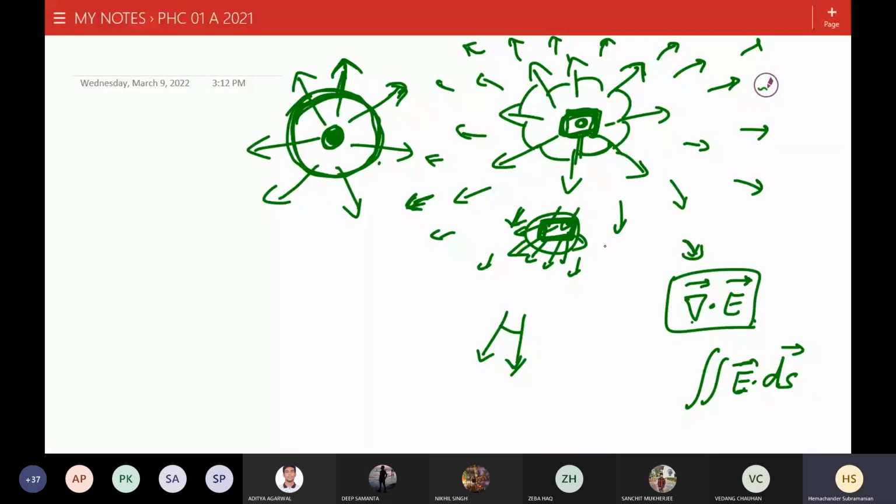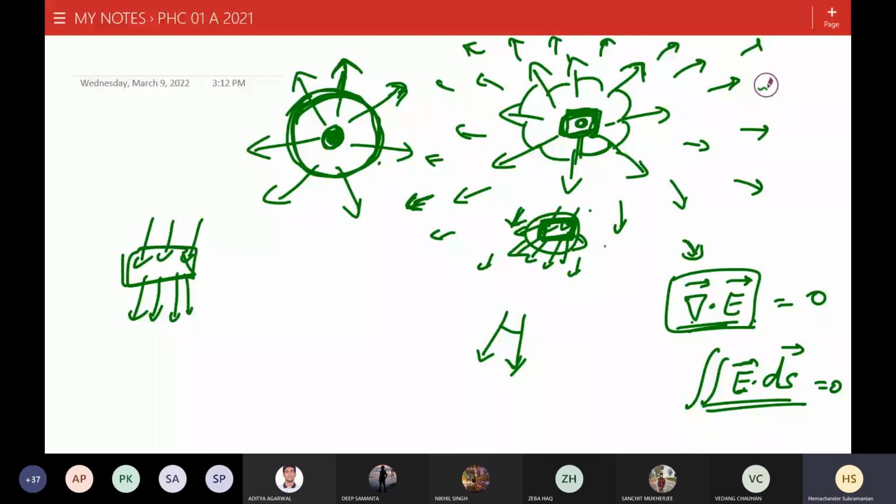So the net integral is 0, so the divergence is 0. The electric field is not diverging from here. Some amount is going in and some amount is coming out. They are exactly the same. So the divergence is 0.